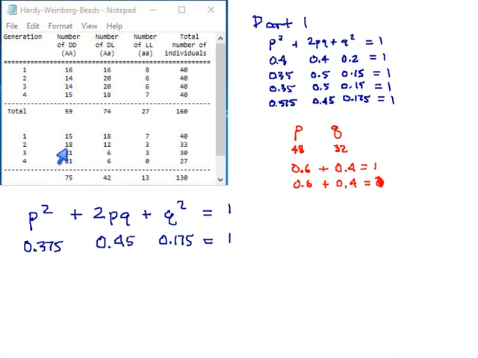Now our number of homozygous dominant is 18 out of 33, which according to my calculator is 0.545454545. I don't have room for all that. I'm just going to put 0.545. Will I regret doing that? Let's find out. Heterozygous here, we have 12 out of 33. 12 divided by 33 is 0.3636363. I'm going to round that to 0.364.